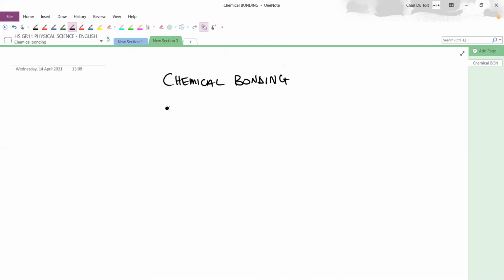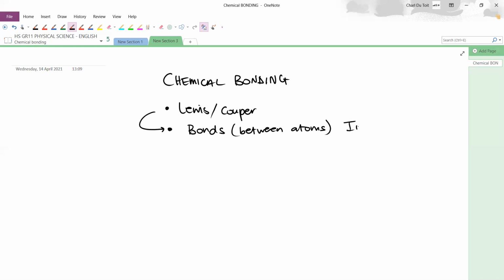We're going to look at Lewis diagrams or Couper diagrams, because these diagrams are going to show you if there are any bonds between the atoms. It's called intramolecular bonds. If they are polar or non-polar.